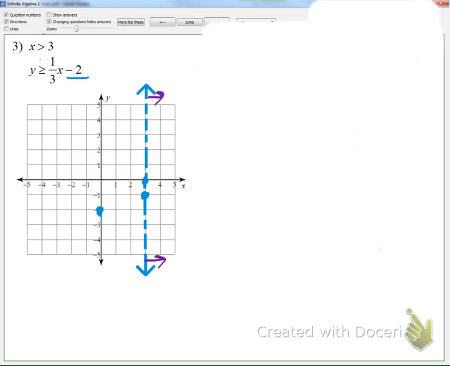Plot the next point on the line, draw my line. What do I do next? I ask, is it dashed or solid? Look at the inequality. Is there a line? Yes. With a line is a solid line, so actually we don't do any erasing with this one.